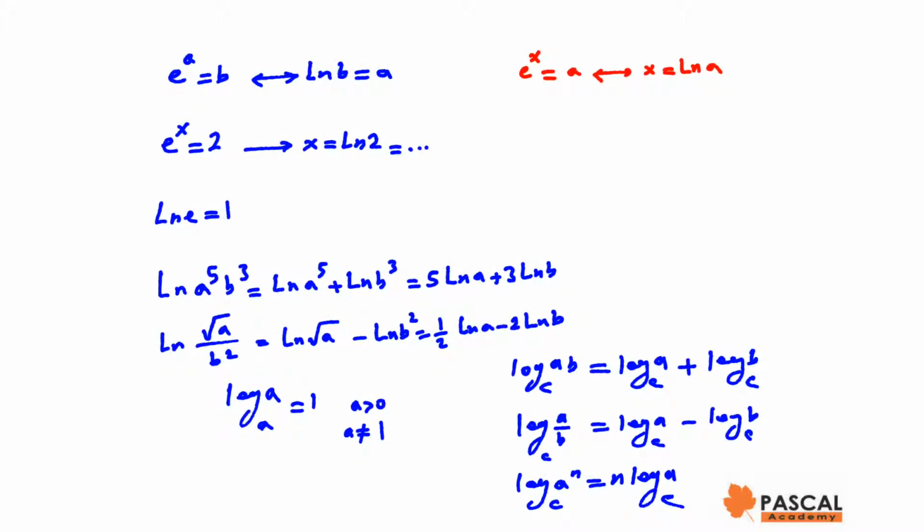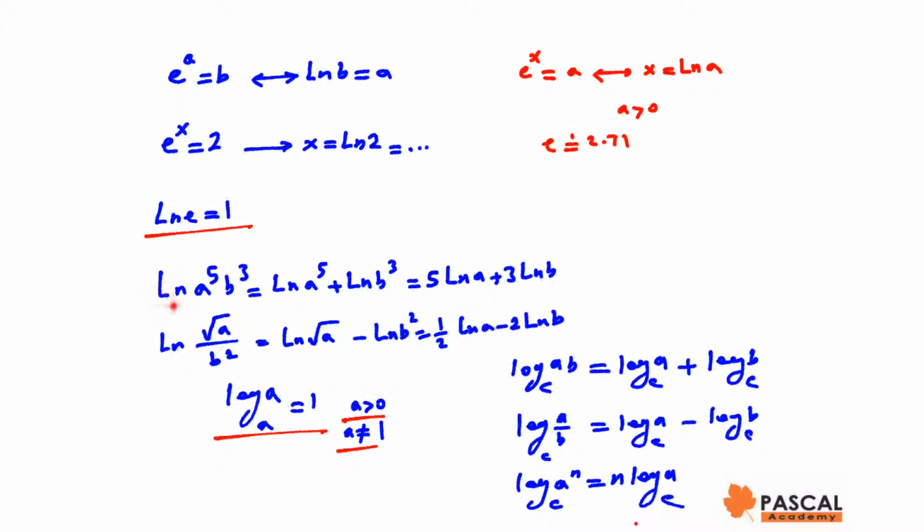Obviously, a must be positive, and the base is e, which is approximately 2.71. If e to the power of x is 2, x is ln of 2, and ln of 2 can be calculated using a calculator. We know log of a base a is 1 when a is a positive number and not 1. Therefore, log of e base e is 1. That means ln of e is 1.